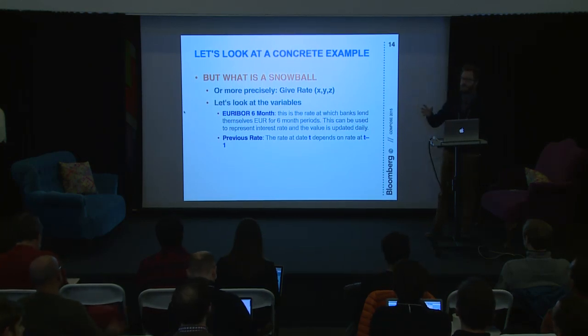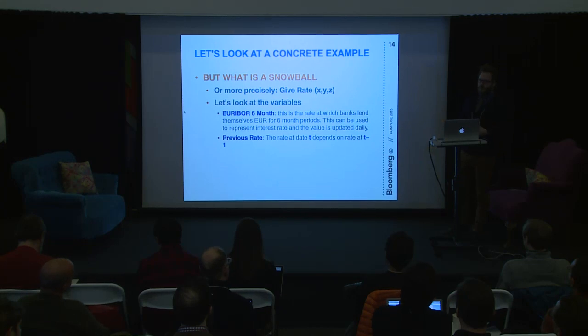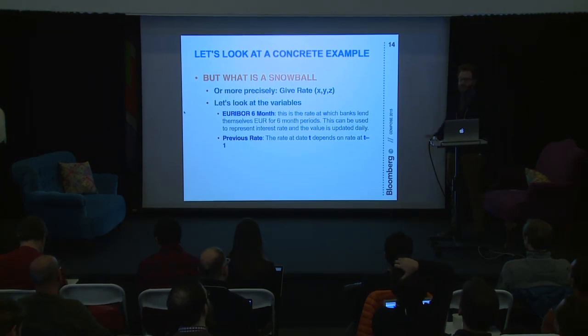Okay, and every day, all the banks agree on this number. So every day you get a new number and you can observe it and you can make a formula on top of it. Then you also have another variable in this function, which is the previous rate. So what I'm paying today depends on what I paid you the quarter before. Okay, so far, so good.